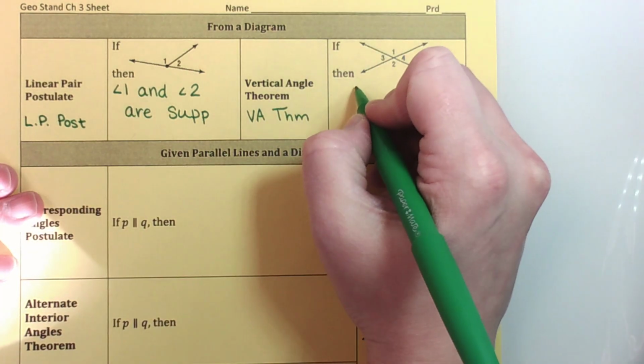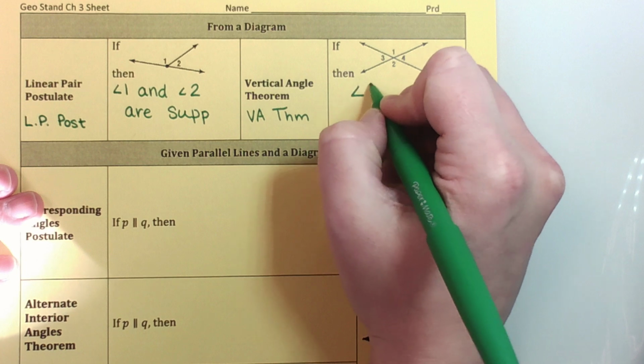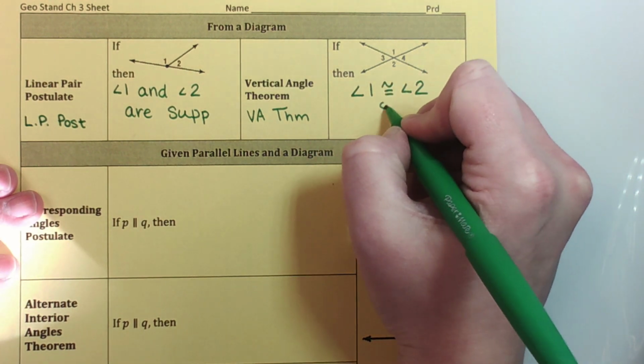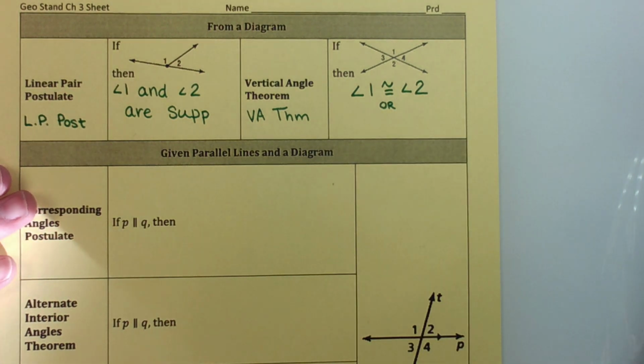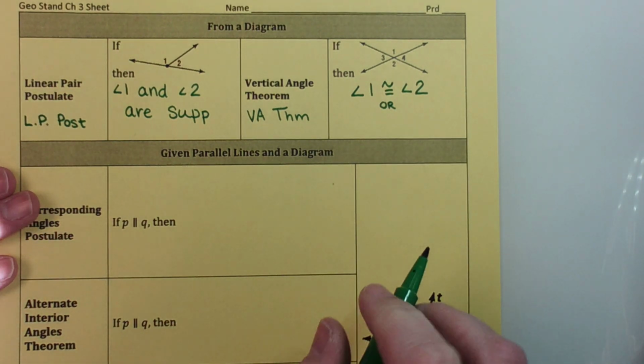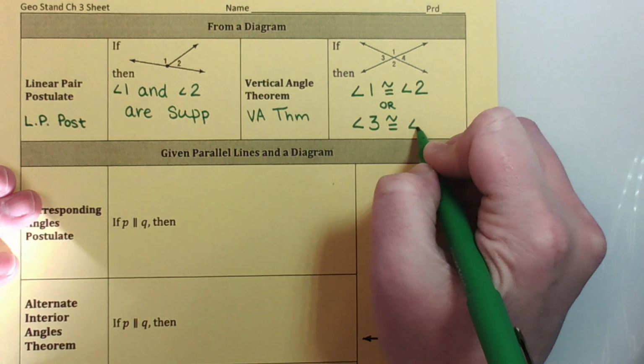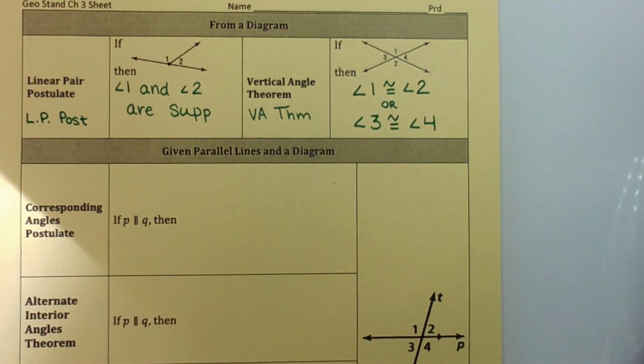They have to be across from one another. The vertical angle theorem says that they are congruent. But technically 3 and 4 are also vertical angles, and therefore are also a pair of congruent angles. That's also one that comes from a picture.